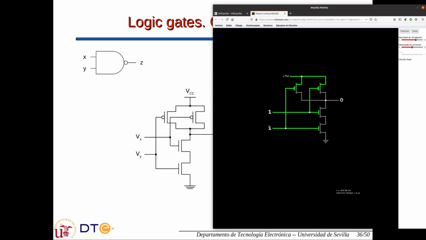When both inputs are 1, both transistors drive current, so the output gets connected to ground. When any of the inputs is 0, this transistor is cut off, but this transistor is conducting, so I have 1 here. If I cut the other transistor, now this transistor is cut, so current goes through this transistor here, and I have 1. Basically we see that we have this NAND functionality.